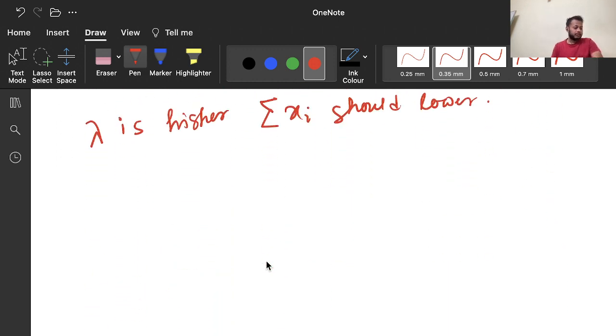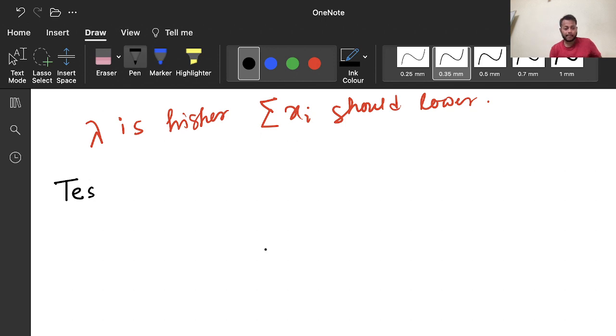Now let's do another thing. Here, all that we did was testing with simple hypotheses. Now if our hypothesis becomes composite, then what will the MP test be?